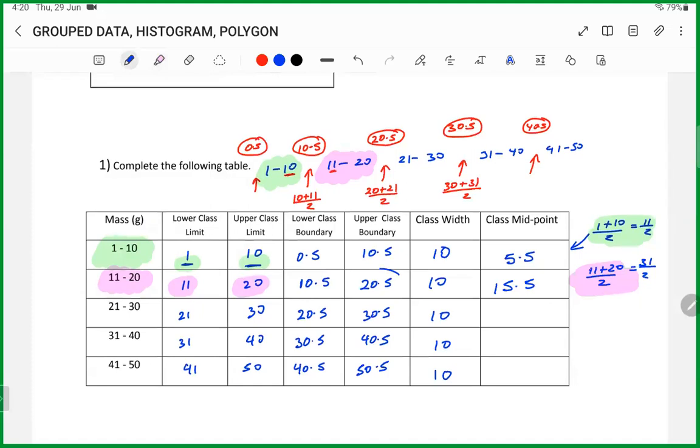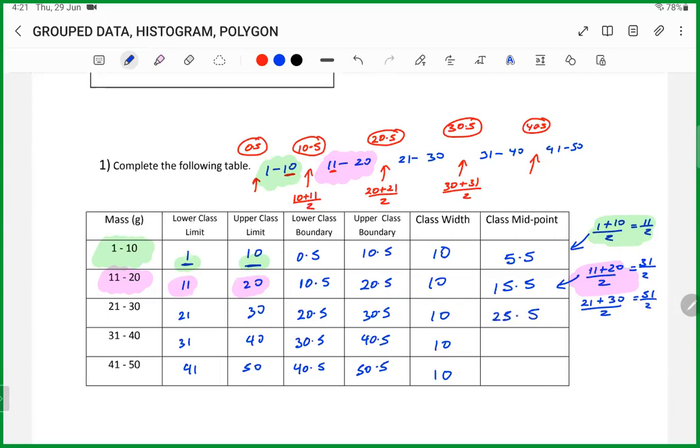And then if you wanted to take the average of these two numbers, you would still get 31 over 2, which is 15.5, right? So that doesn't matter. All right. And then you get the idea, right? So for the next one, we will take the average of 21 and 30, right? So that'll be 51 over 2, which is 25.5.